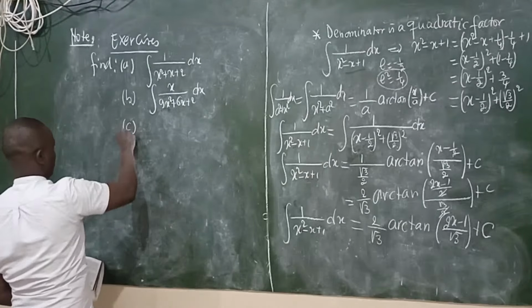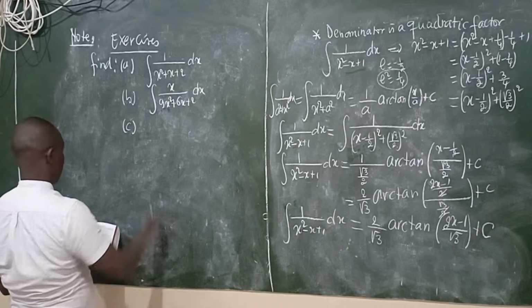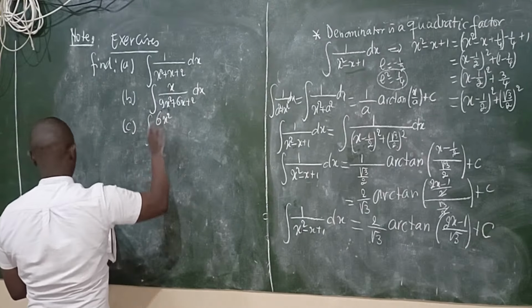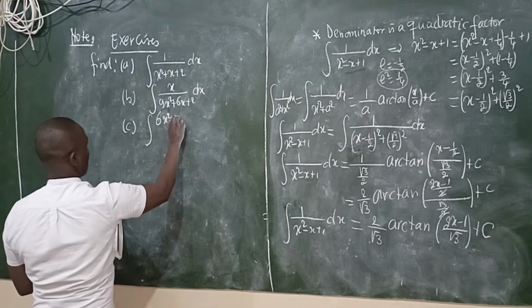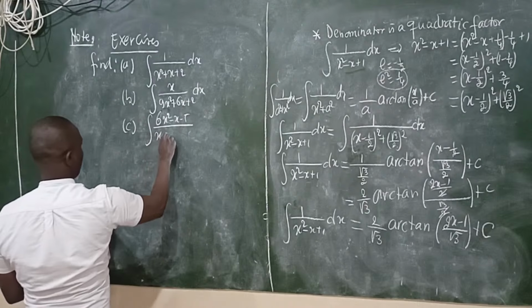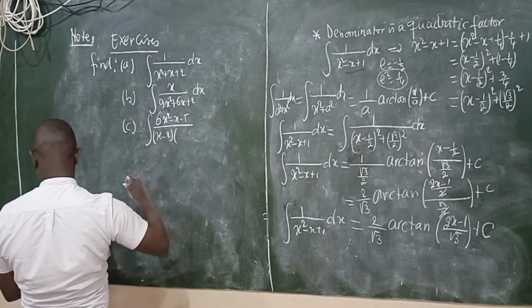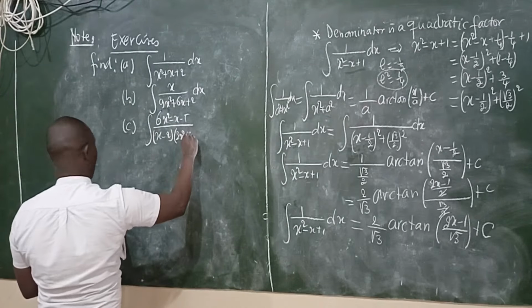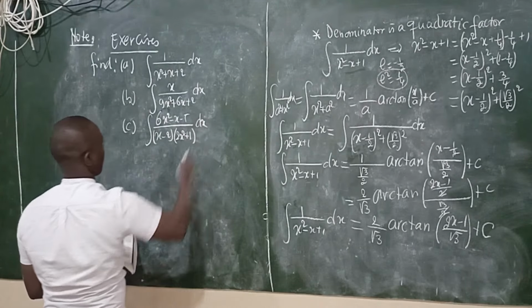See, we have the integral of 6x squared minus x minus 5 divided by x minus 2 times 2x squared plus 1 dx.